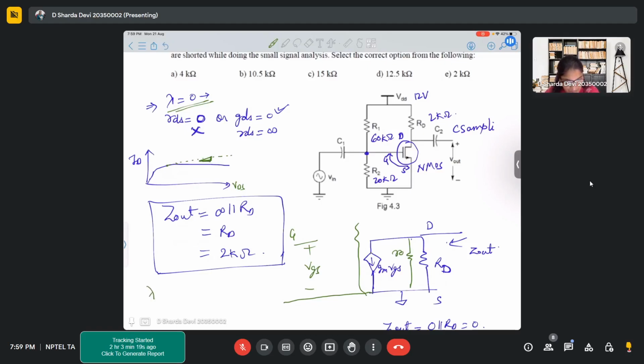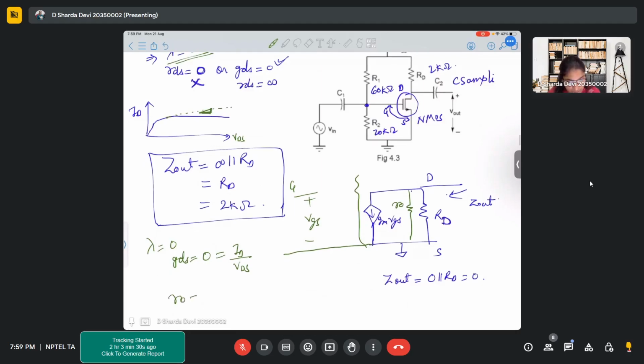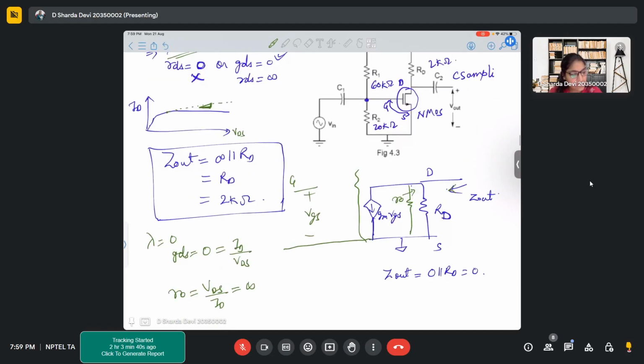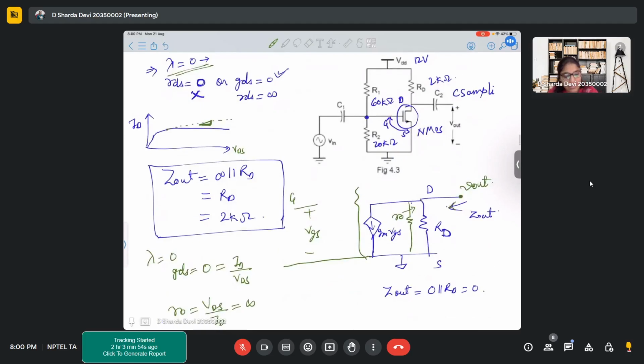So if lambda is 0, that means your GDS, which is ID by VDS, is 0. So R0, that is VDS by ID, is infinite. So that's why there was no R0 in the picture, and the only Z out that we see from this output node is RD. That's why we have written Z out as RD. Is this clear?